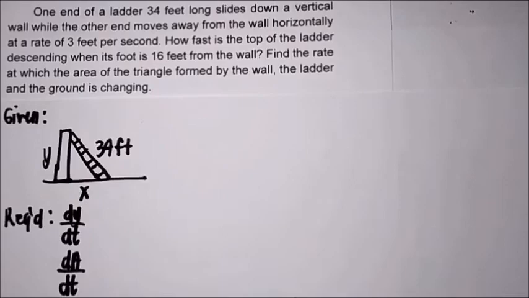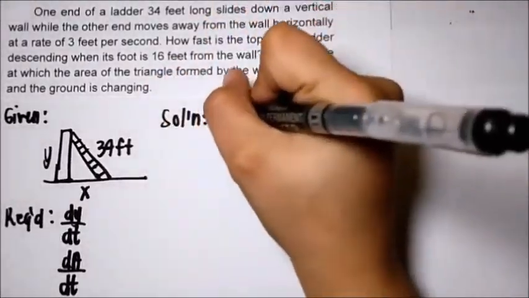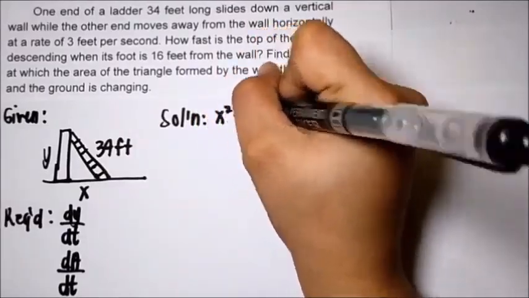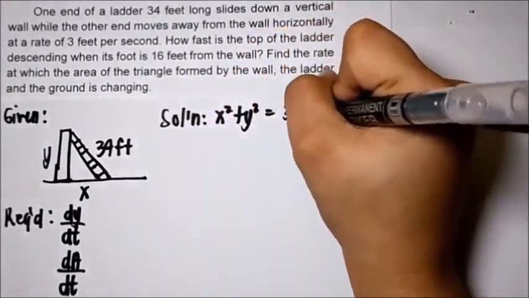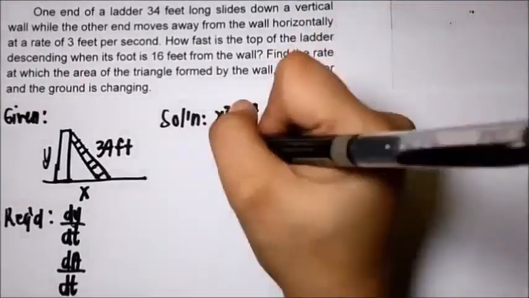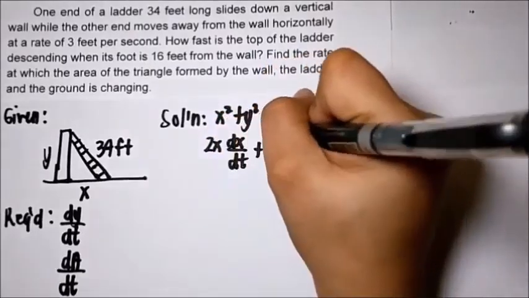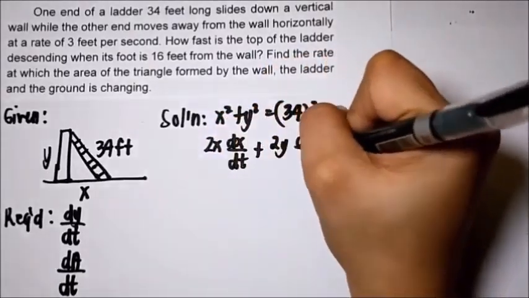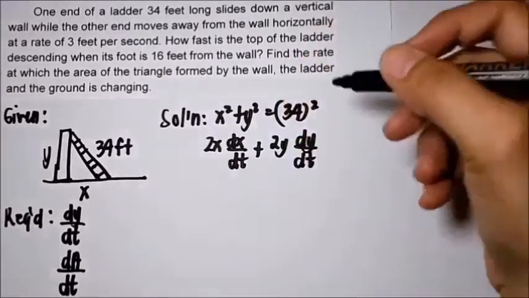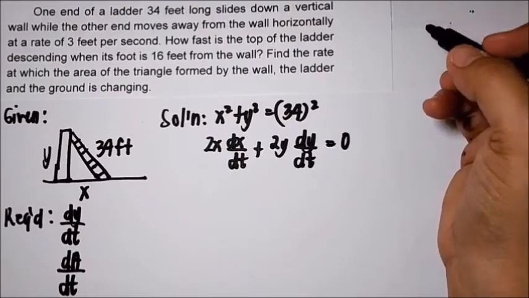Let's have our given. We can solve this using the Pythagorean theorem. So x squared plus y squared equals 34 squared. Differentiating now with respect to time: 2x dx over dt plus 2y dy over dt, and since this is constant, the derivative of that is 0.